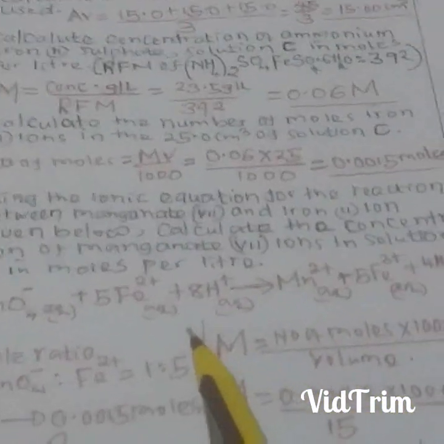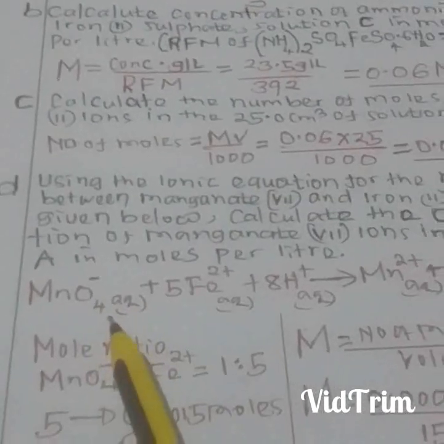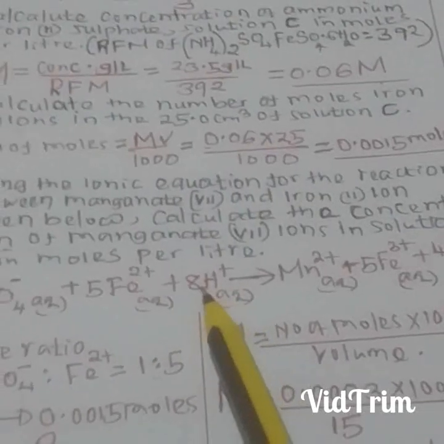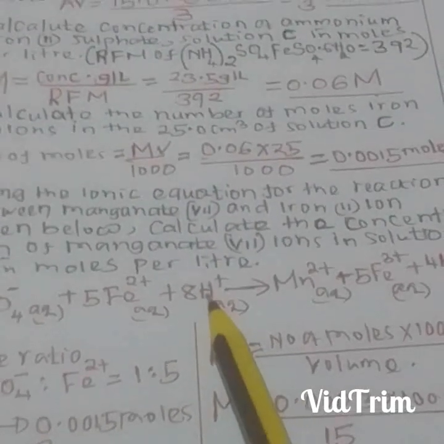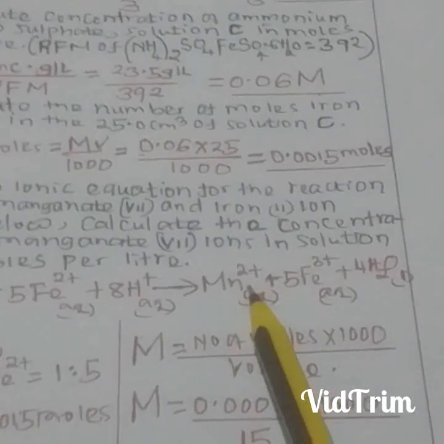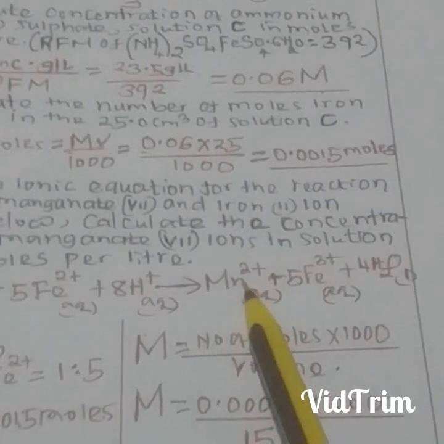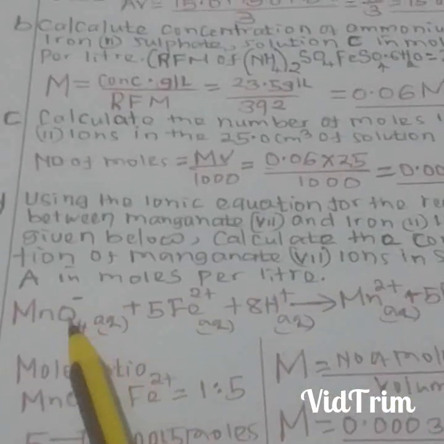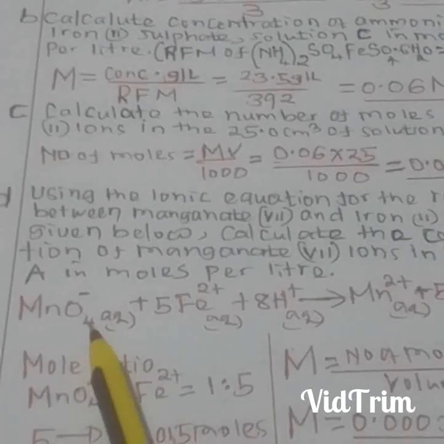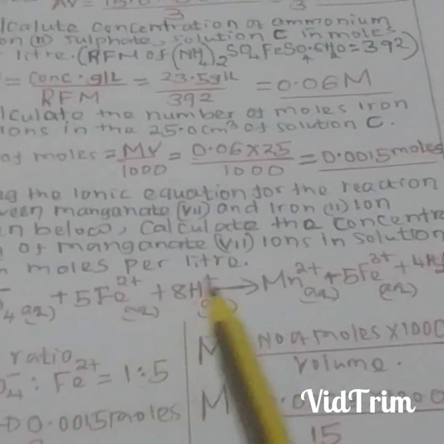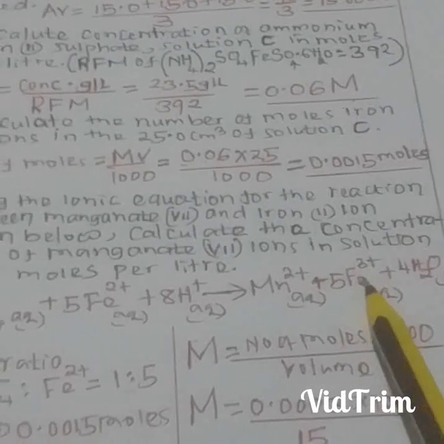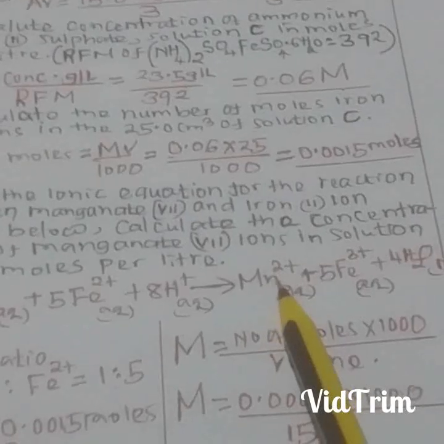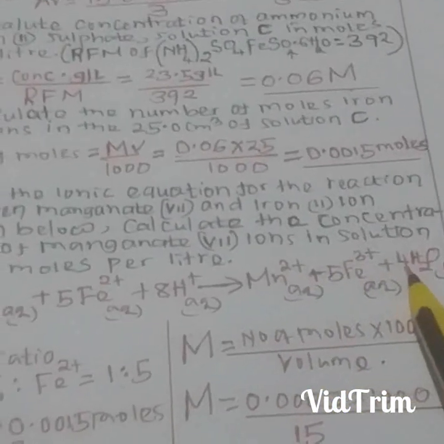So my student, we have been given this equation of the manganate ions reacting with the iron 2 ions in the presence of the acid or the hydrogen ions. Then the products are manganese 2 ion, iron 3 ion, and water. So in this case, manganate ion, being an oxidizing agent, oxidizes iron 2 ions to iron 3 ion. Then the manganate ions are reduced to manganese 2 ions and water. Is it okay, my student?